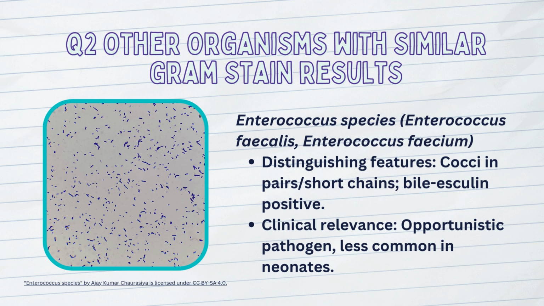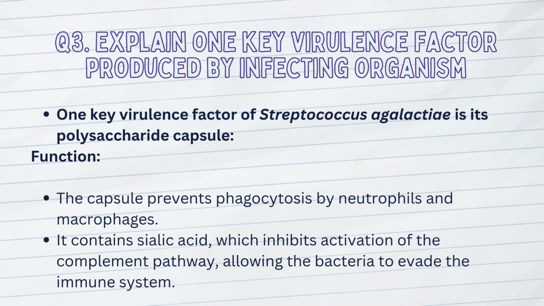Our final question is, explain one key virulence factor produced by the infecting organism. We said that we're looking at Streptococcus agalactiae, and the key factor is the polysaccharide capsule.